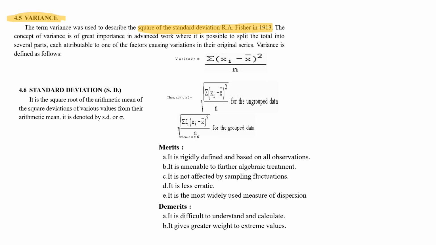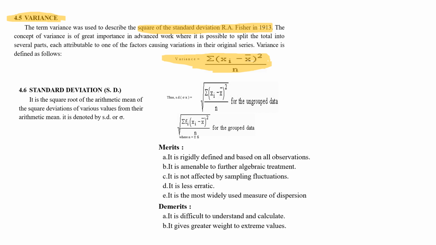It was found by R.A. Fisher in 1913. So variance is equal to summation of xi minus x bar the whole square divided by n. Standard deviation is the square root of the arithmetic mean of the squared deviations of various values from the arithmetic mean.